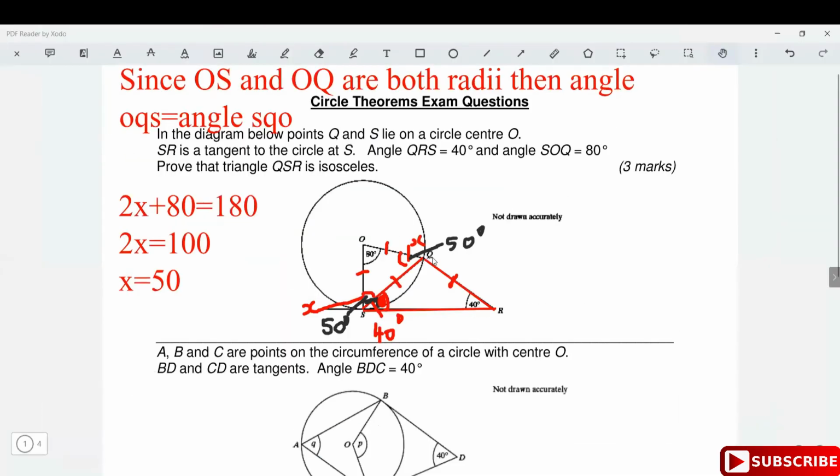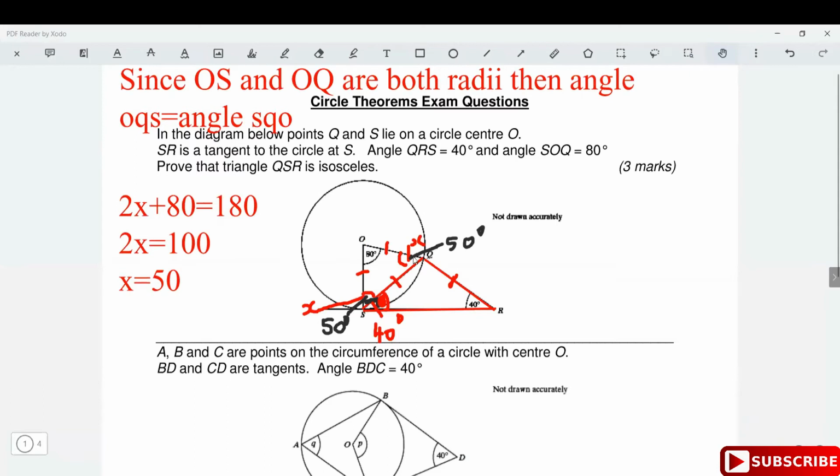So we can say that in triangle OQS, OS and OQ are both radii of the circle.